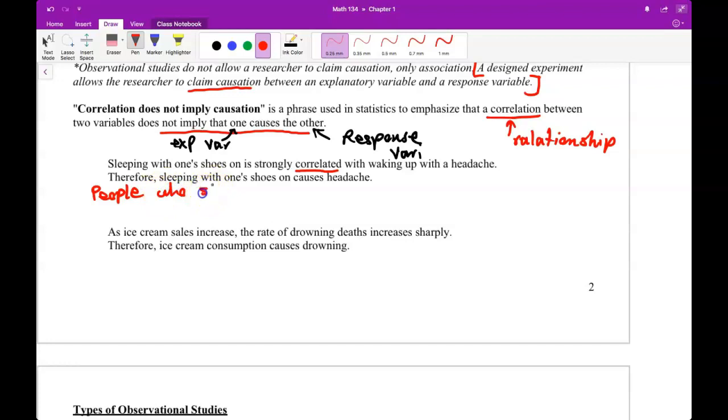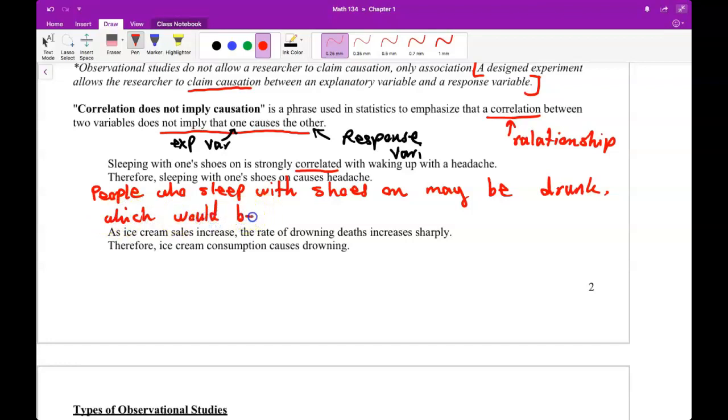People who sleep with shoes on may be drunk, which would better explain a headache.